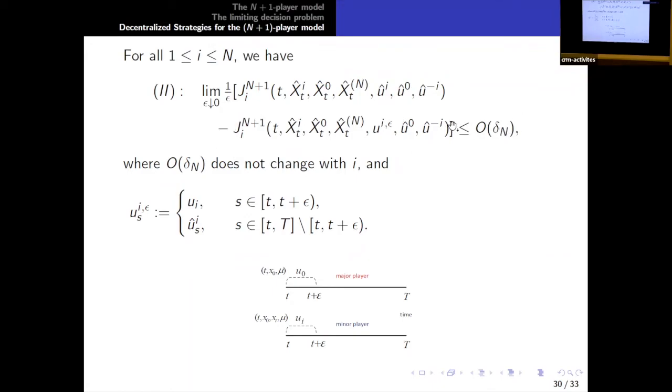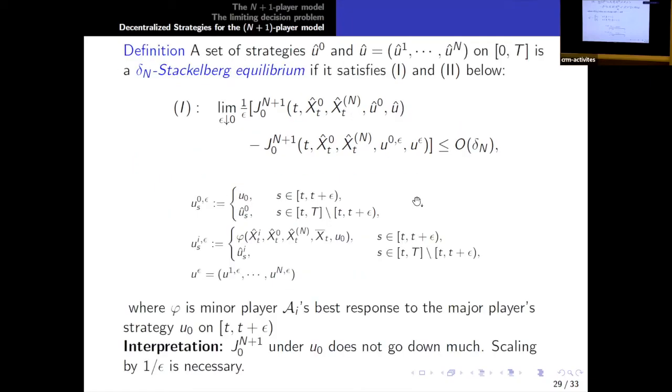So your new cost is roughly still greater than the old one, subject to a small error. So you cannot really improve too much for yourself. This is for the minor player. For the major player, it's the same.